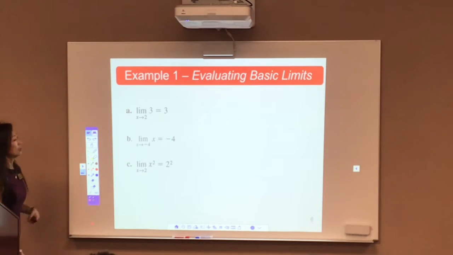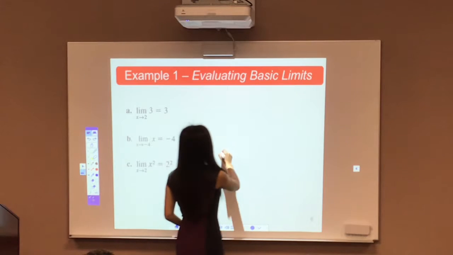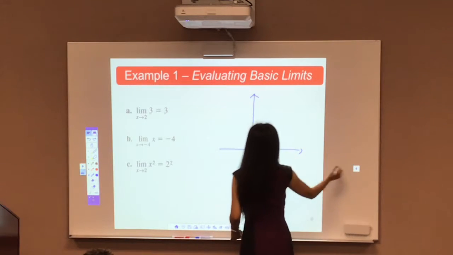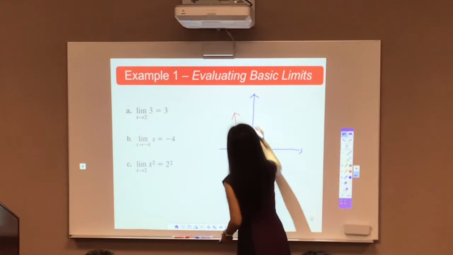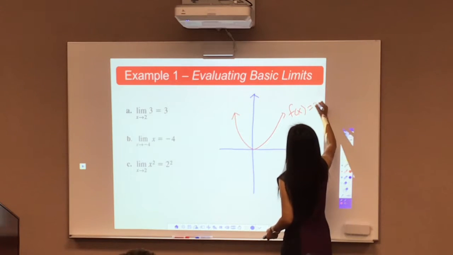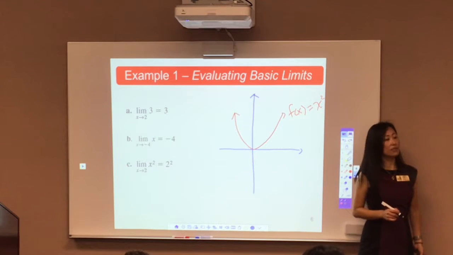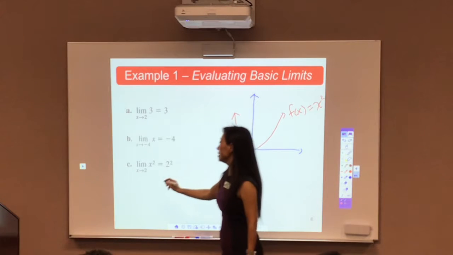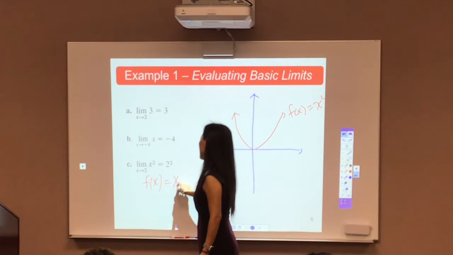All right, next one. X squared. That's still, looks to me like a continuous function. It's a parabola. Yeah, it's definitely a continuous function. So x squared. So what am I doing? This really means the same as f of x equals x squared.